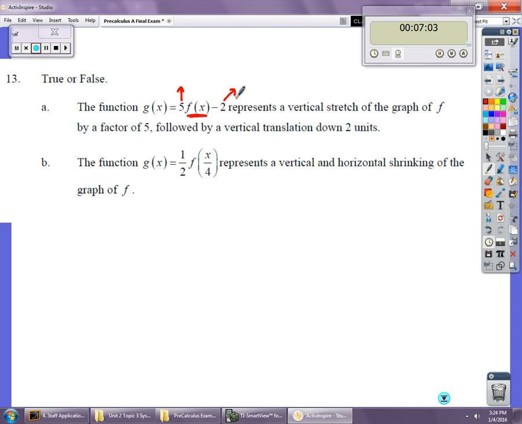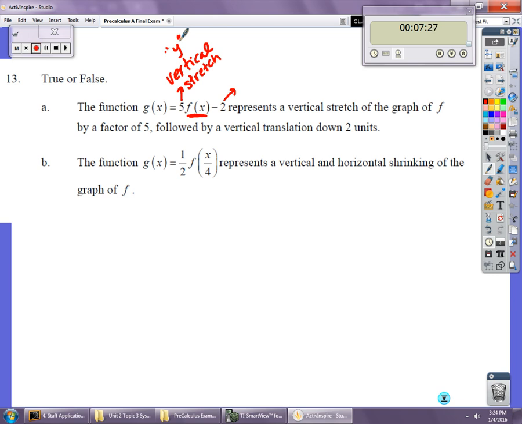Okay, the 5, this a value, usually the number in front, we call it an a. No matter what the function is, we usually call it an a value. This is going to be like your multiplier of y. We call this our vertical stretch. Right? This is going to affect my y coordinates for sure.